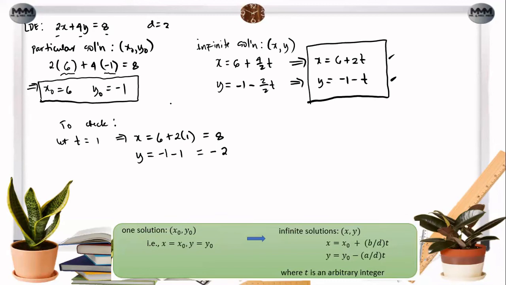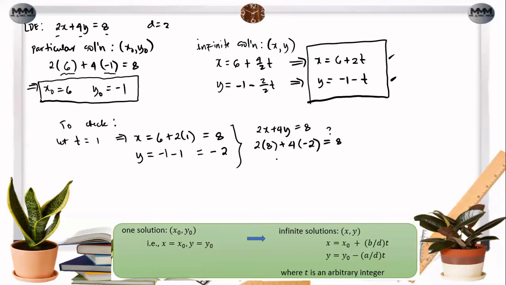Hence, from our linear Diophantine equation, 2x plus 4y equals 8, we have 2 times our x, which is 8, plus 4 times our y, which is negative 2. Is it equal to 8?